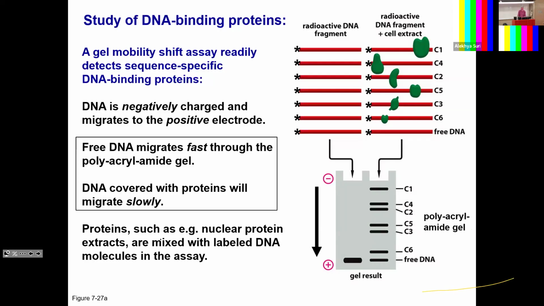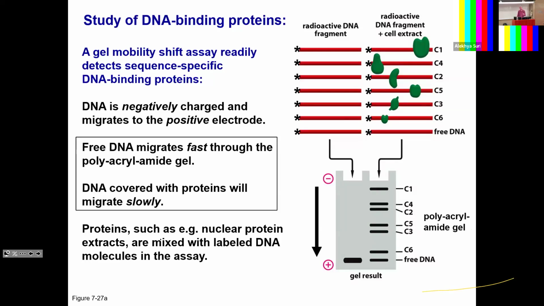You have a film, and you would see a band appearing where the radioactivity is. Okay, so all you need to know is that this method shows you if a protein is binding to a specific DNA fragment or not.